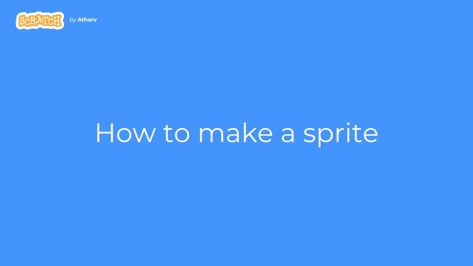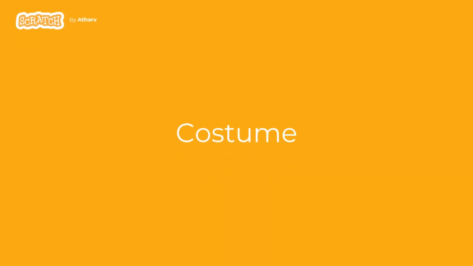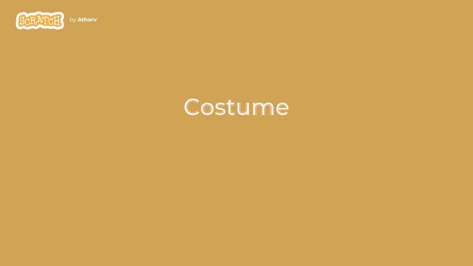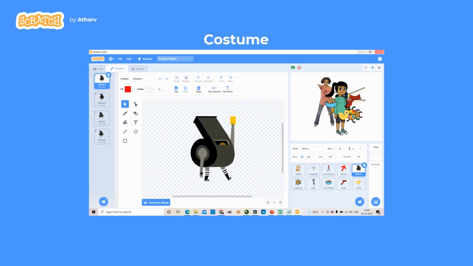Now you have seen how to make a sprite. Now let us talk about costume. A costume is just the look of a sprite. If you change the costume, the sprite will look a different way.